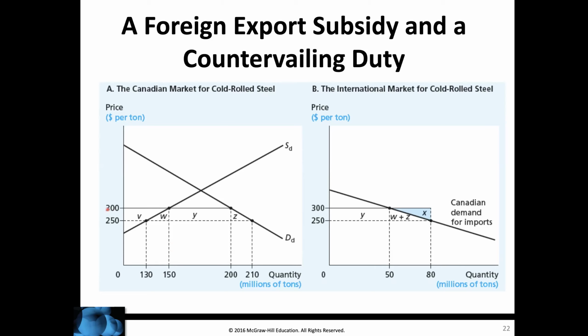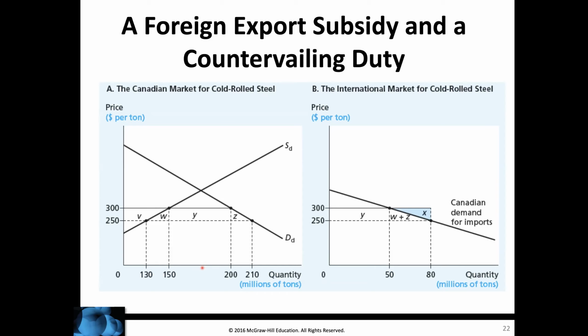So we're going to start off with the free trade price of 300. You can see here at this point at the world price, the Canadian market for cold rolled steel, the demand is at 200, and the supply is at 150. So they're going to import 50 million tons of cold rolled steel at that point.